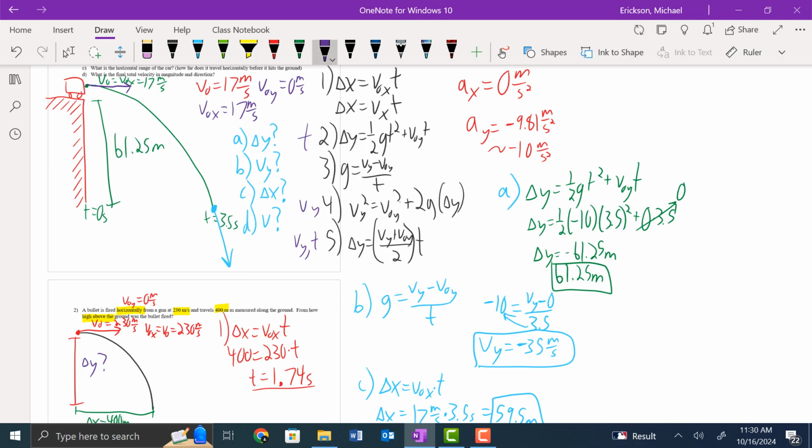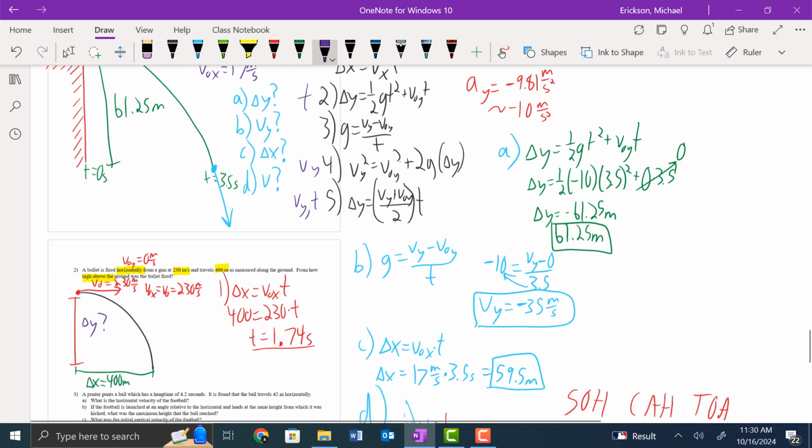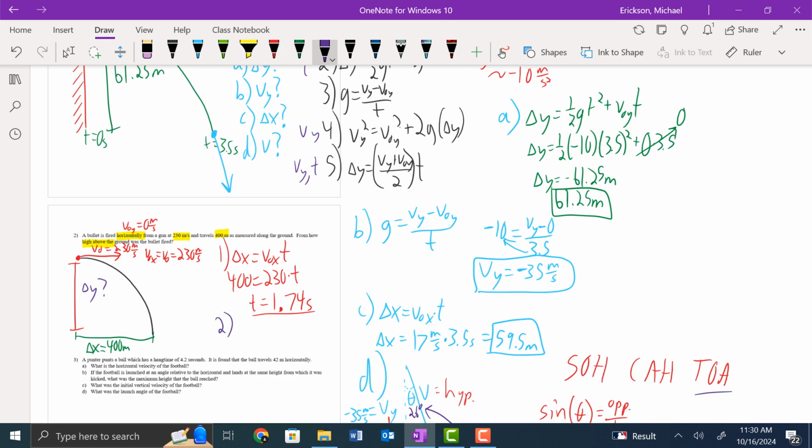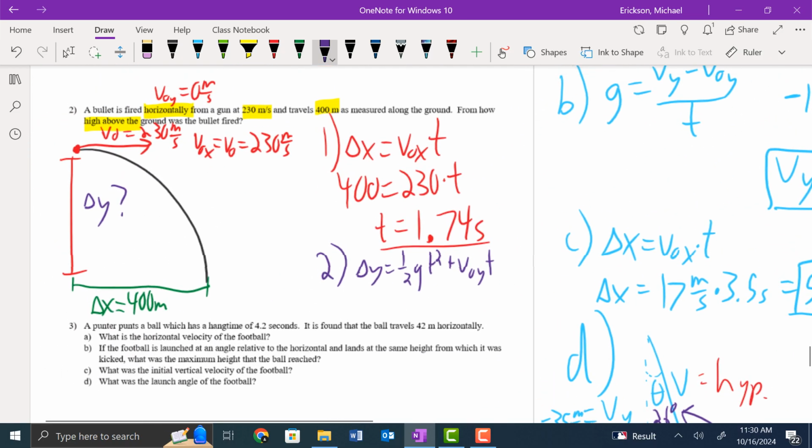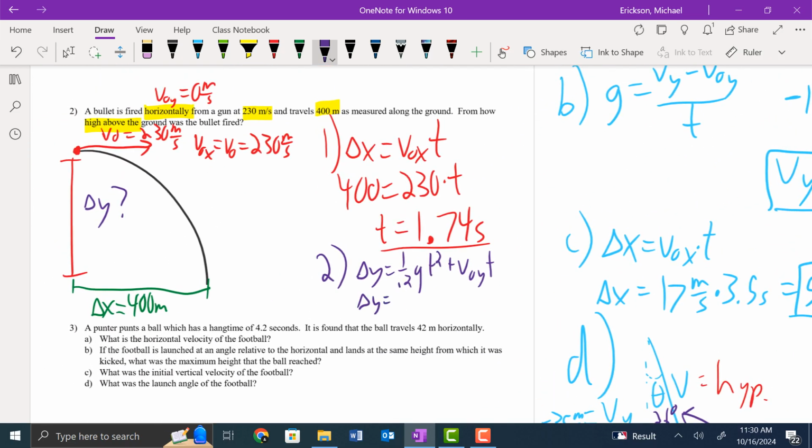Now, what this does is it opens up equation 2. So equation 2 is delta y is equal to 1/2 g t squared plus v naught y t. Now, my delta y will be equal to 1/2 times -10 times 1.74 squared.